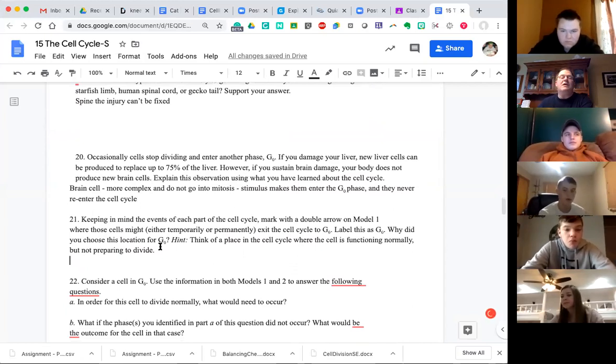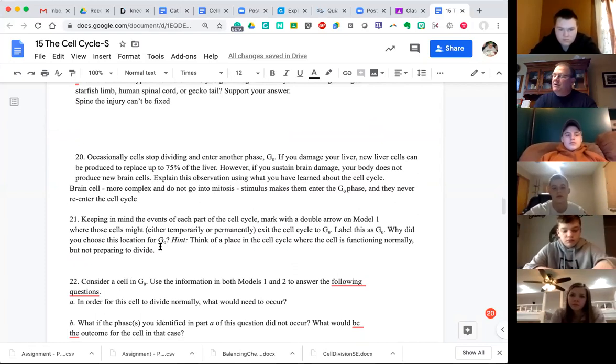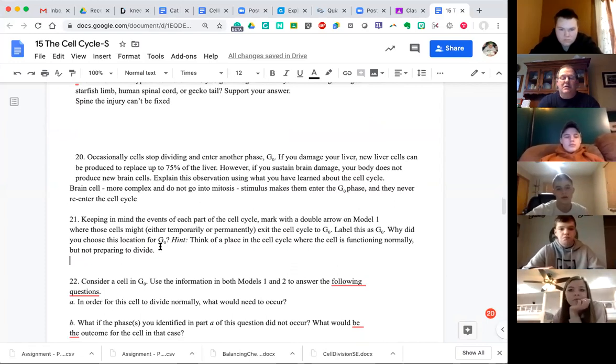Hey, 21, keeping in mind the events of each part of the cell cycle, mark with a double arrow on model 1. Well, you can't really mark with a double arrow, but it comes off of gap 1. Didn't my diagram have them labeled already?